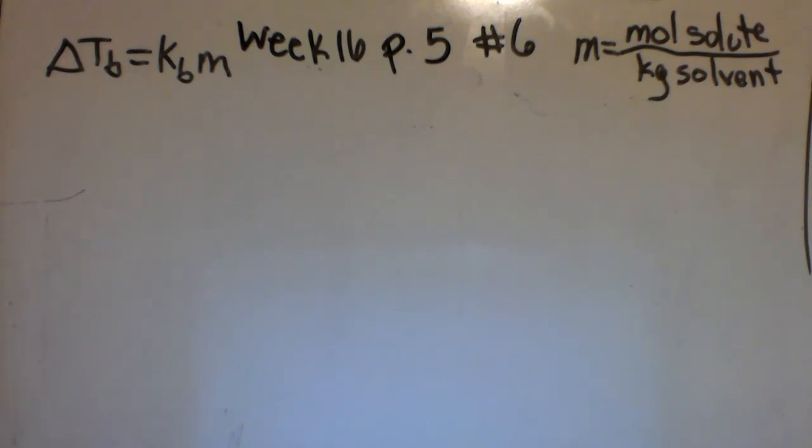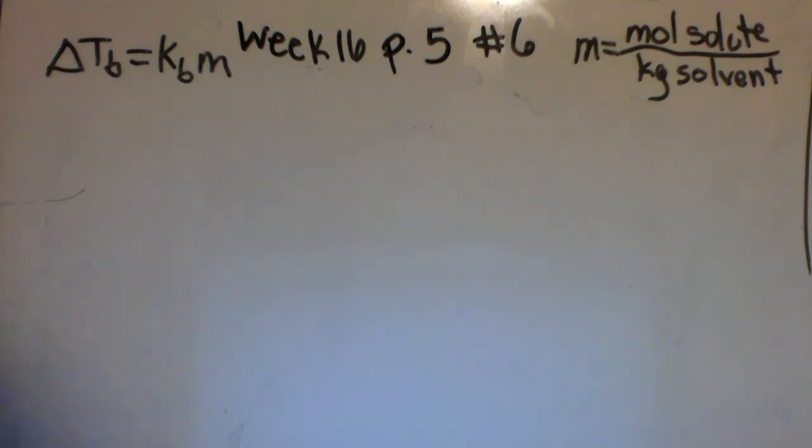The next thing we have to decide is, what is the question actually asking for? The question says how many grams of benzoic acid. So we're trying to find out how many grams of benzoic acid are needed here. Now, this is going to involve several conversions because neither of these formulas show grams of benzoic acid.